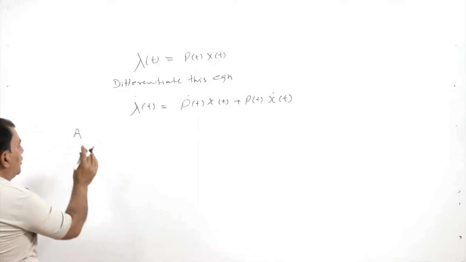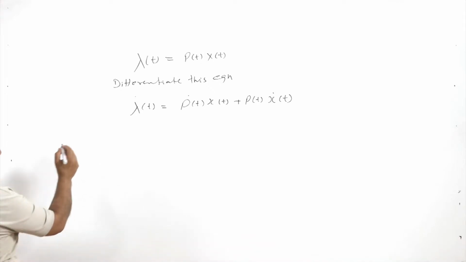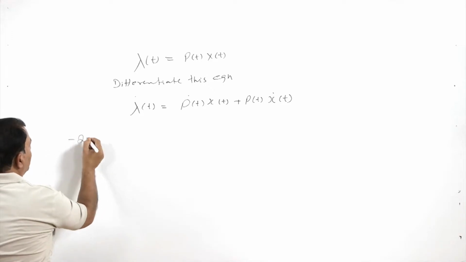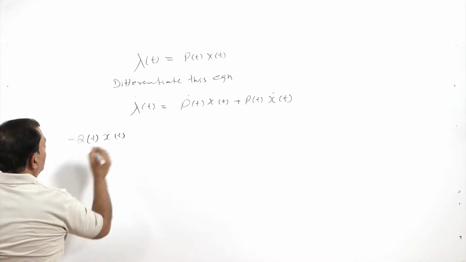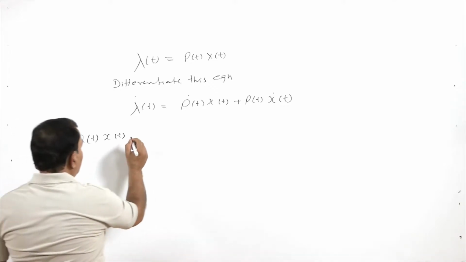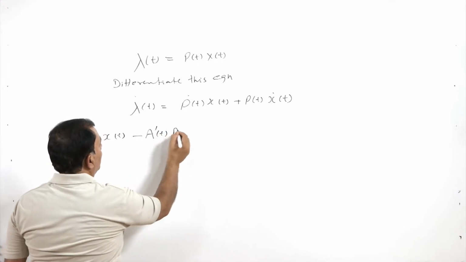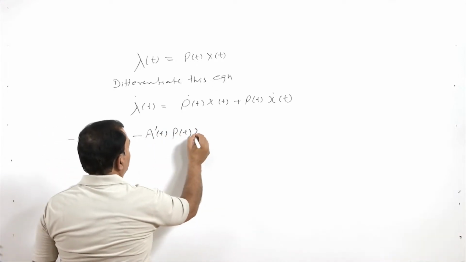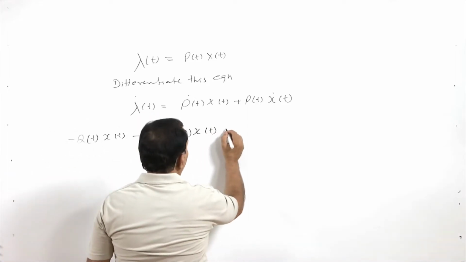What is my lambda dot t? Lambda dot t is minus Q(t) x(t) minus A transpose P(t) x(t), where P(t) x(t) is my lambda t.